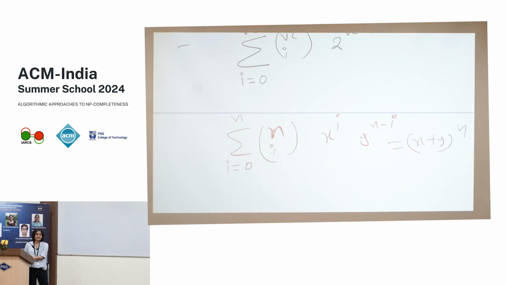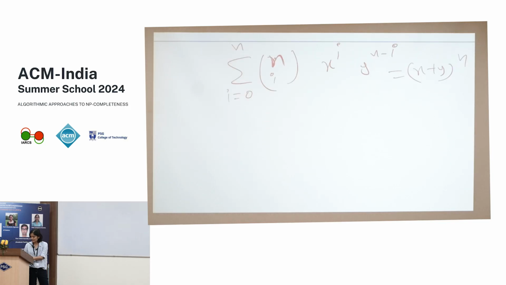n, right? So let's compare this with our running time. Vertex cover choose I, I equals 0 to vertex cover, 2 power vertex cover minus I. What term is missing? This is missing. What can I write here? 1 power I, right?